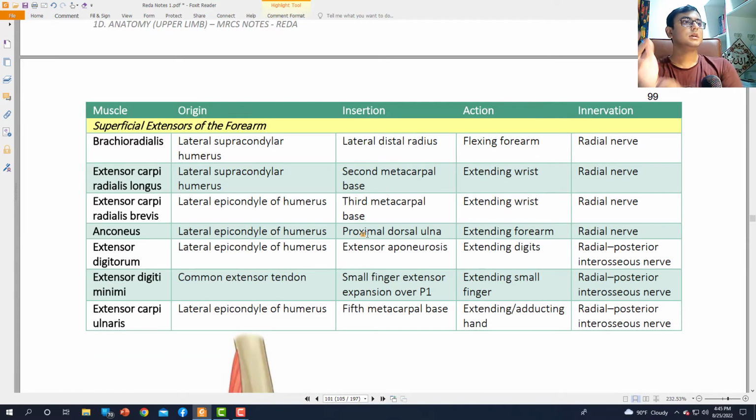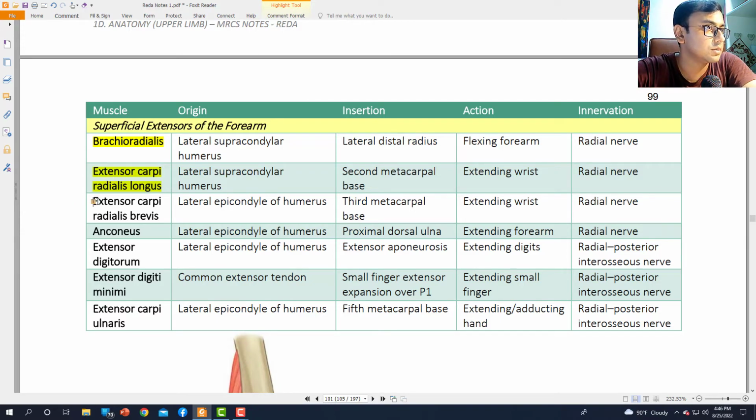Now I already discussed the flexor. Now the extensor surface, the outside of the forearm, is called the extensor aspect. The forearm consists of brachioradialis, extensor carpi radialis longus, and extensor carpi radialis brevis. Longus and brevis are attached with each other.